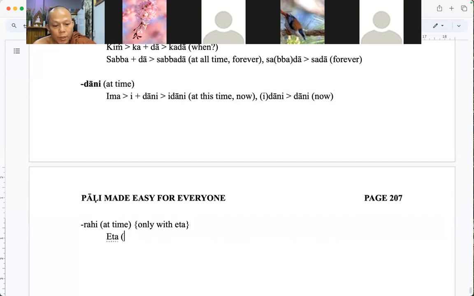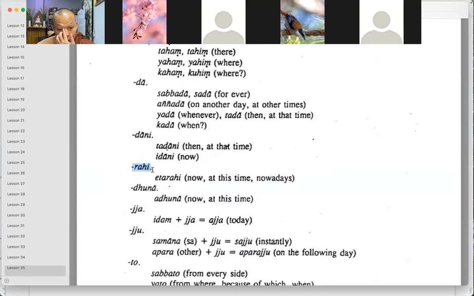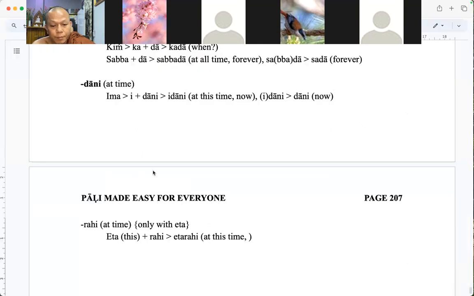So ita means this, and then Rehi. So ita Rehi, literally at this time, but recently, at this time or nowadays or now also, you see. Now or nowadays in this. Only with the ita, not with the others.